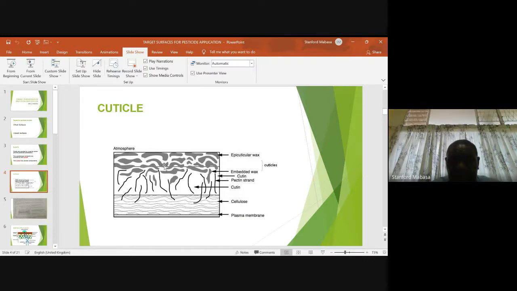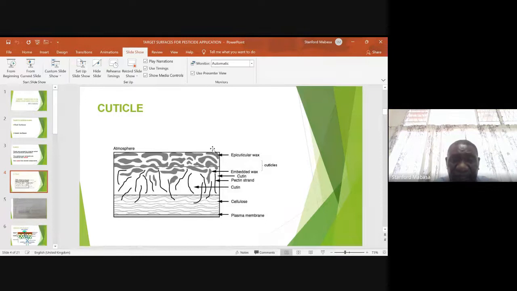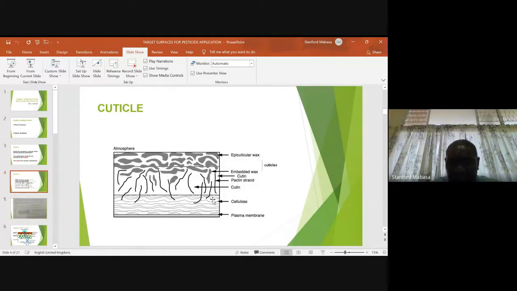So you have the cutin, which is carrying a wax, and wax is also found on the surface. Again, within cutin, we have pectin strands. Then after cutin, we have cellulose. Then we have the plasma membrane.